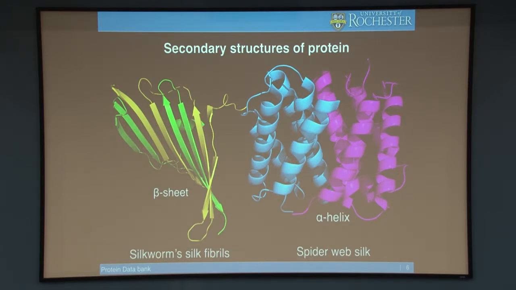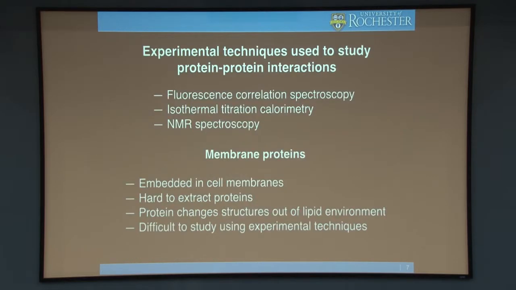The other thing is that these proteins can also be inside the membranes. When they are inside the membranes, they have a specific shape. But if you want to study them with different spectroscopic techniques, we have to extract the protein out of its environment and then look at it.